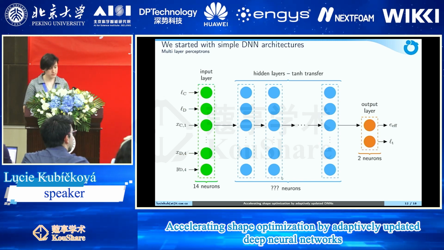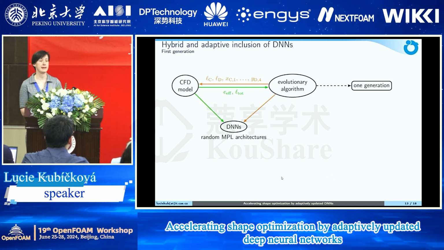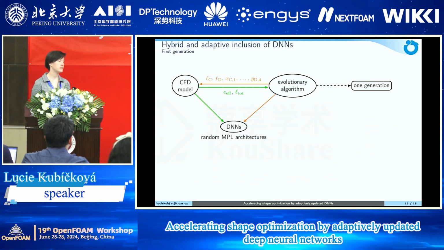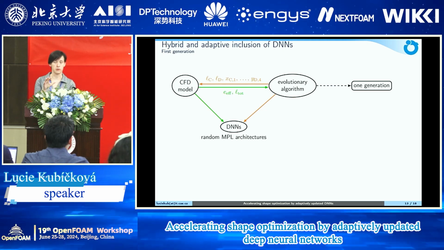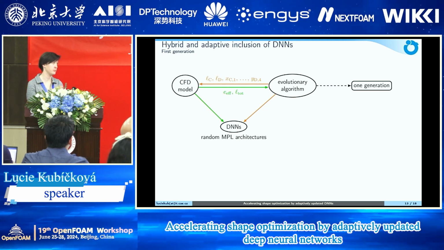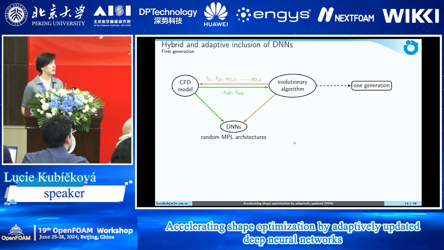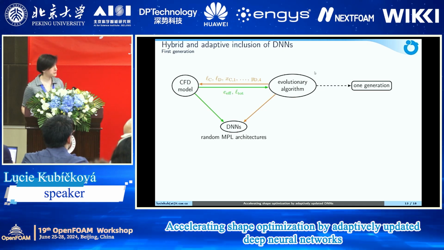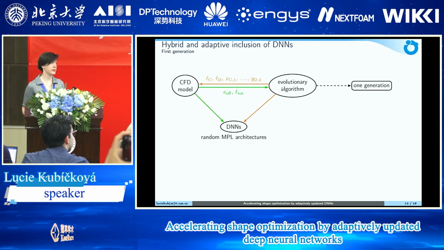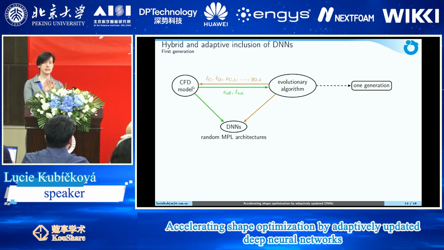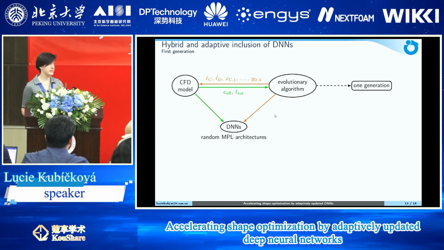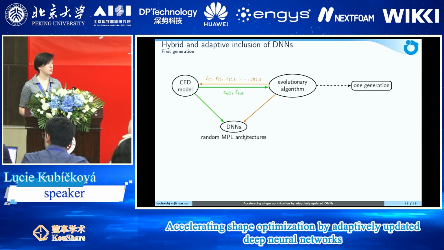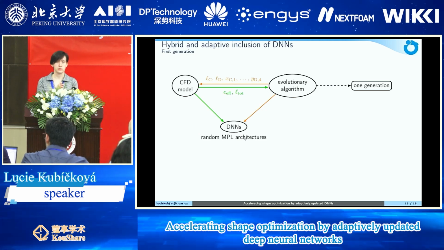So to find the architecture, we included the neural networks in the optimization framework in a hybrid and adaptive way, let's say. If I would describe it, we first take the evolutionary algorithm and the CFD model, and we let it run for only one generation. Based on this data, we train a number of, let's say, MLPs with random architectures.